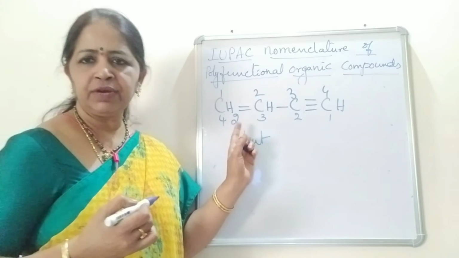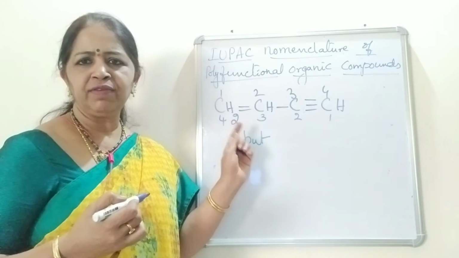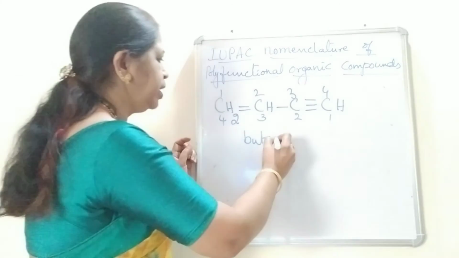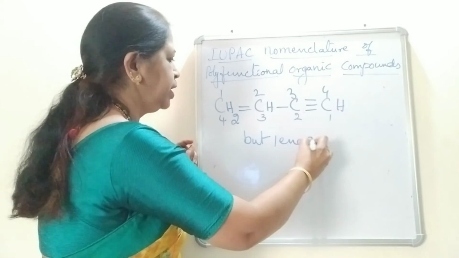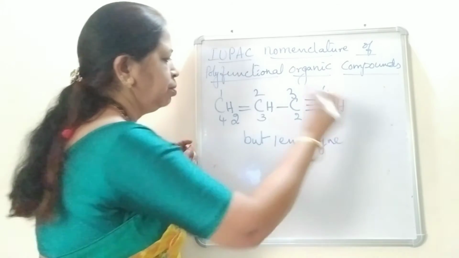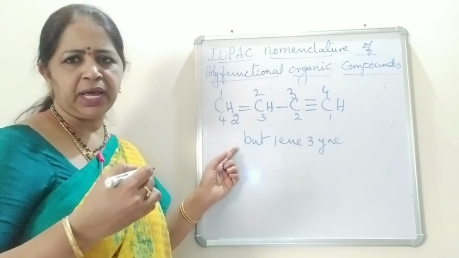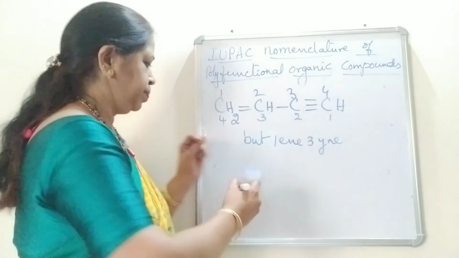But which will be given first priority? The double bond will be given the first priority. So it will be but-1-en-3-yne. Double bond is given the first priority over the triple bond.